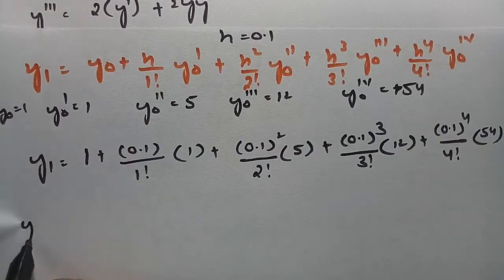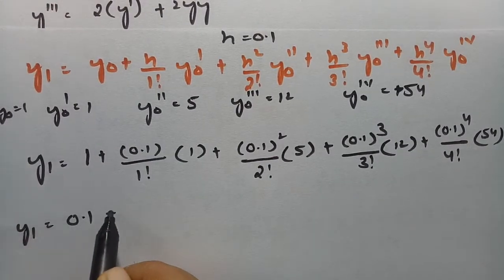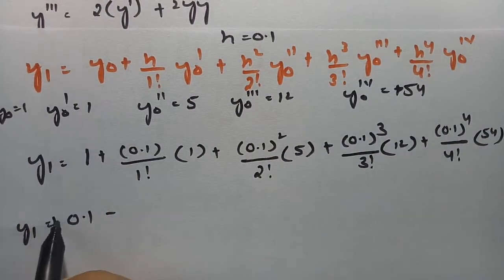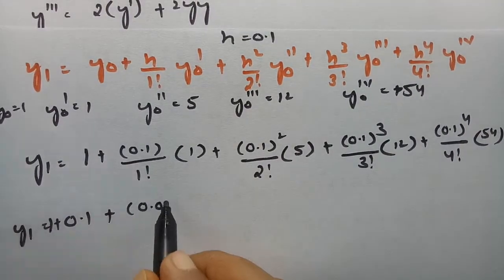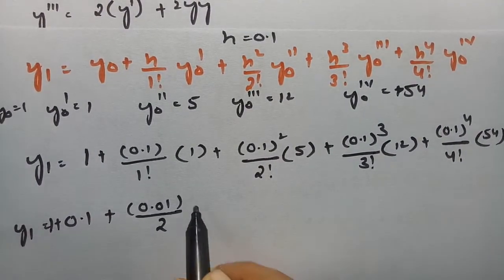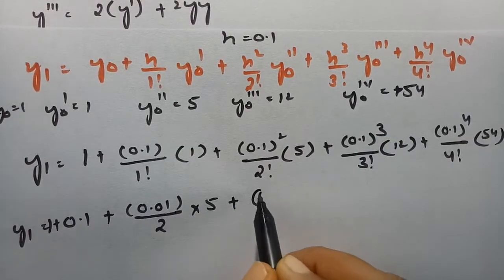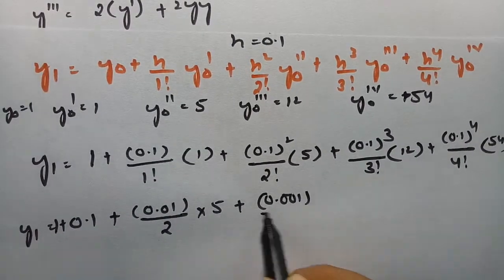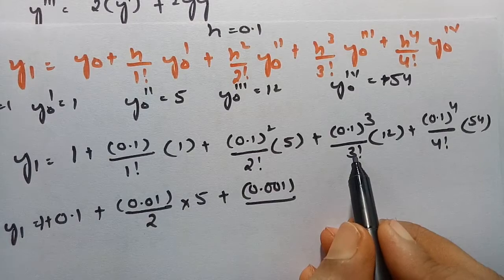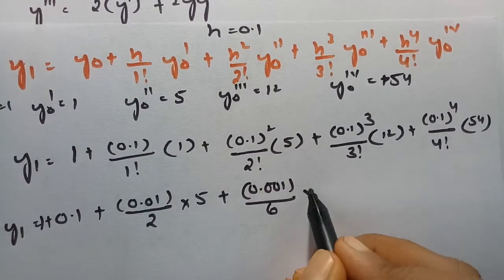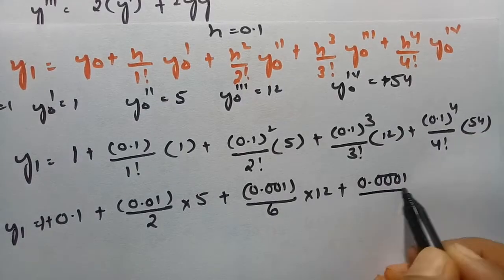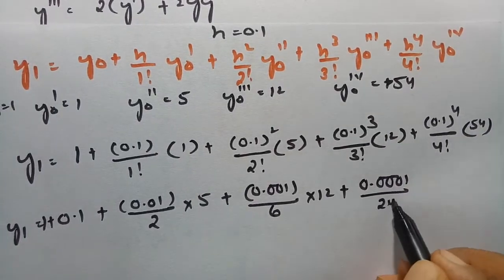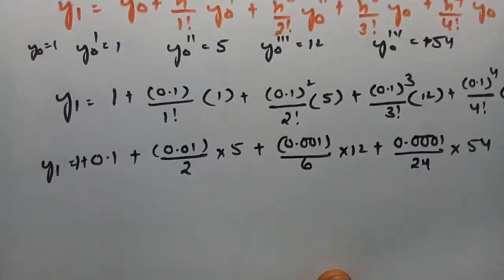So this one is 1 plus 0.1 plus, if I square it, this will be 0.01 by 2 factorial, that is 2, into 5, and this is 0.001 by 1 into 2 into 3, this one is 6, into 12, plus this is 0.0001 by 4 factorial, this is 24, into 54.